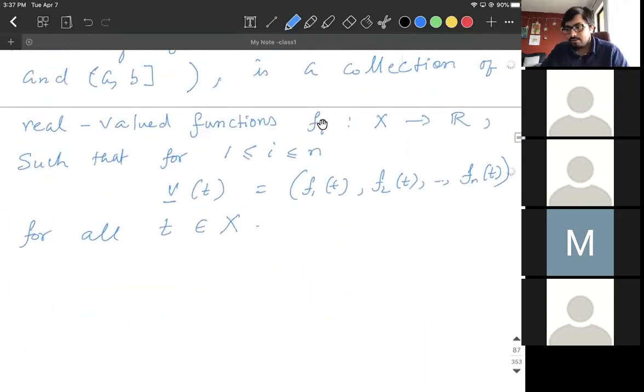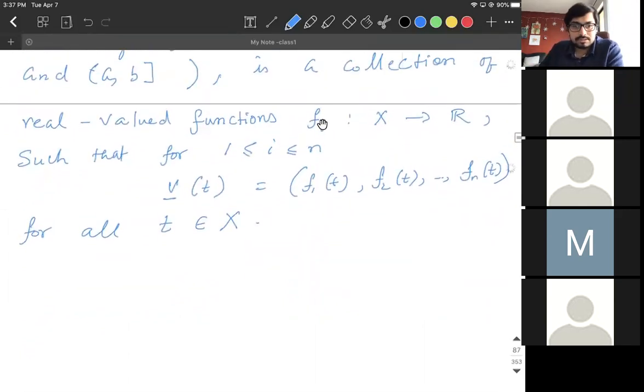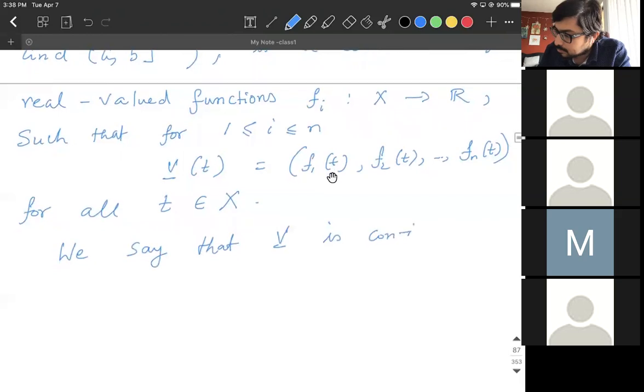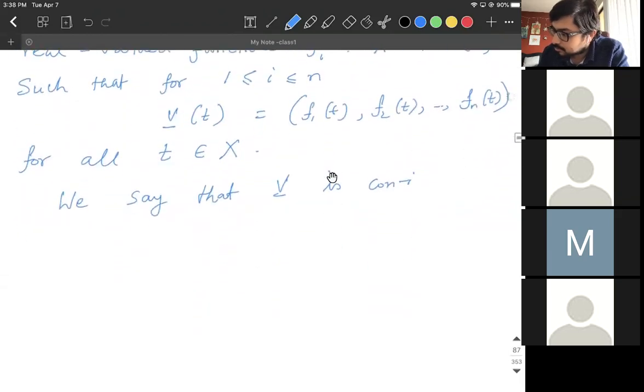It's a real valued function on each component. That's it. So we say the following: we say that v is continuous.